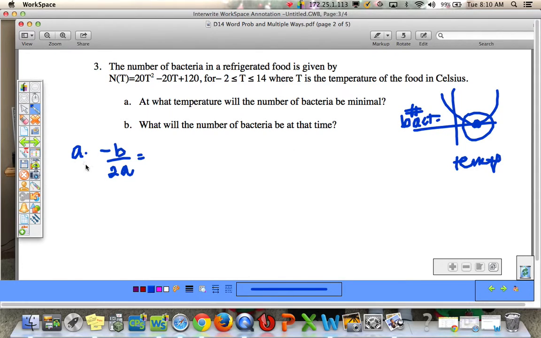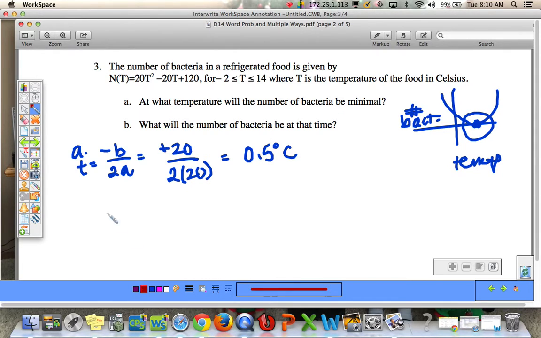Okay, so here is the temperature, negative b over 2a. Here b is negative 20, and it's the opposite of negative 20 or positive 20 over 2 times 20. So that would be 0.5 degrees Celsius. So at 0.5 degrees Celsius, the number of bacteria will be minimal.